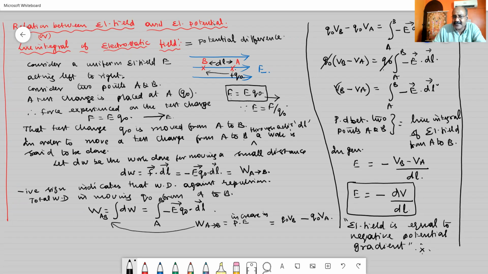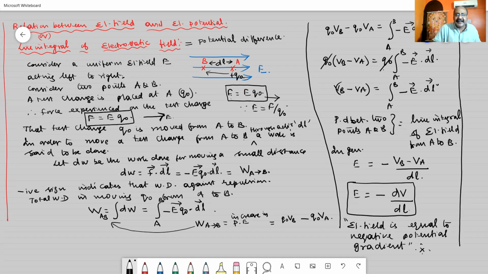If a test charge Q naught is placed at that point A, then a force will be experienced on that test charge. The force experienced is E into Q0, since electrical field E equals F by Q0. After calculating the force experienced by the charge Q naught at the point A as E into Q0, we can take it as acting in the same direction as the electrical field, from left to right.